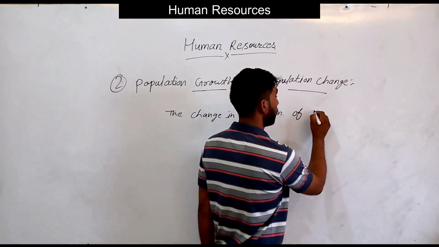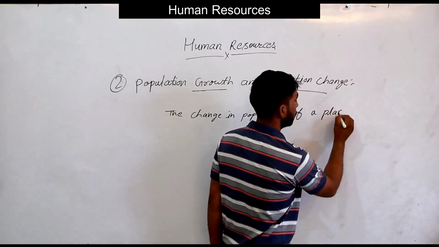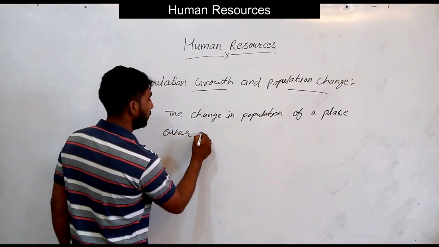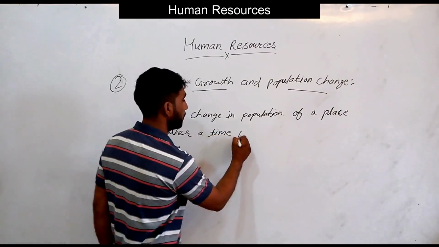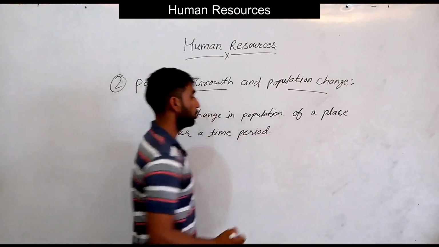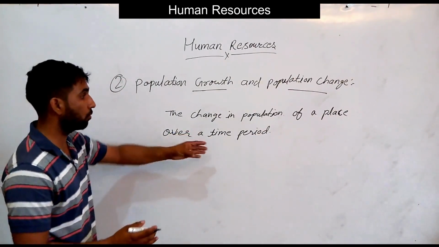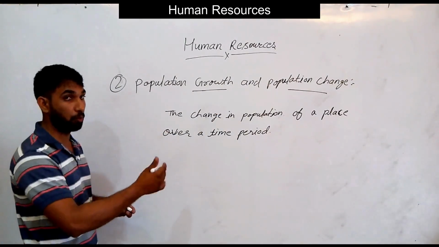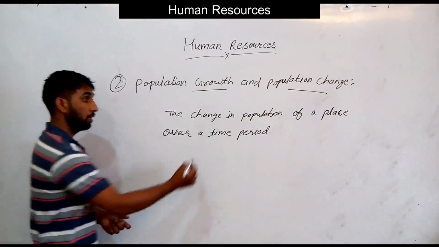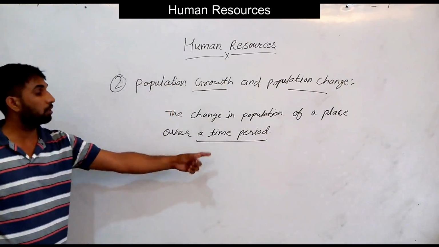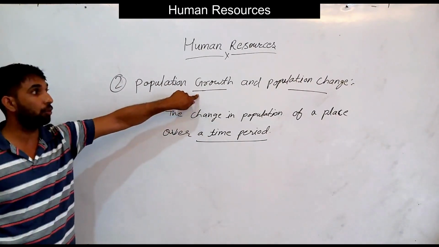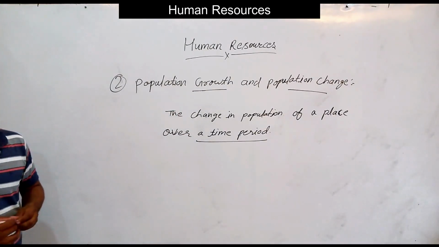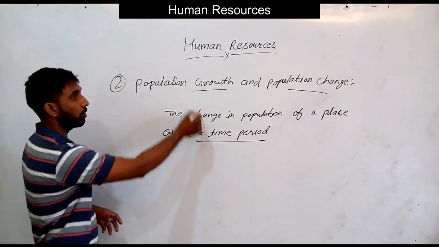So the change in the population of a place over a time period. Without comparing the time period we could not assess what will be the negative or positive change, or growth, of population. So the reference period is necessary to calculate the growth and change in population of a particular place. This is called population growth.